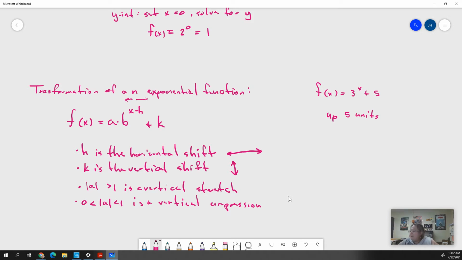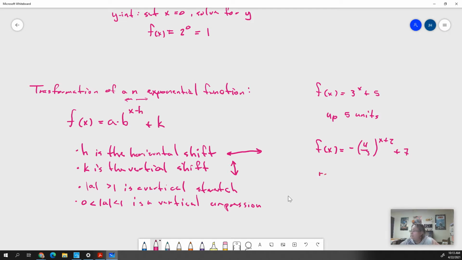If I have f of x equals negative 4/3 to the x plus 2 and then plus 7 over here, what we're saying is that, first of all, this negative in front is going to be a reflection. It's going to change the sign of everything, so it'll be down.